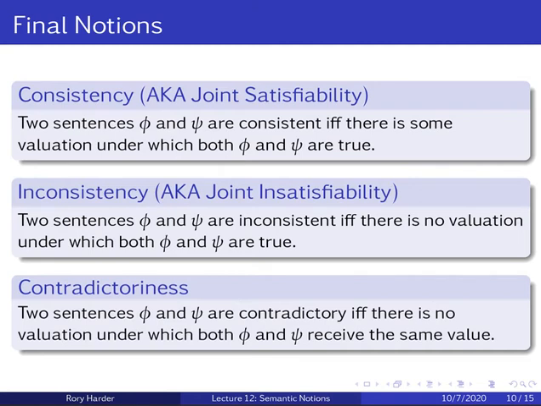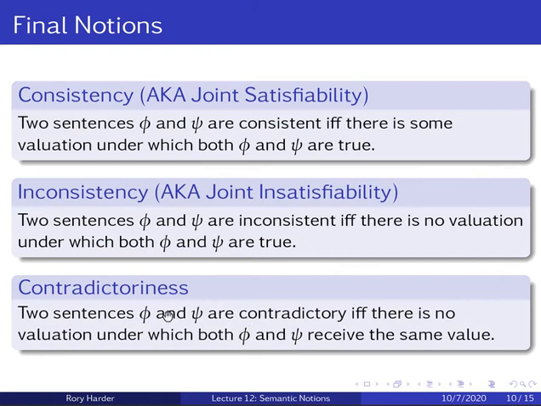Now the final notion is that of contradictoriness. Two sentences phi and psi are contradictory just in case there is no valuation under which both phi and psi receive the same value. So in order for two sentences to be contradictory, it's not just that they can never both be true, but also they can never both be false.